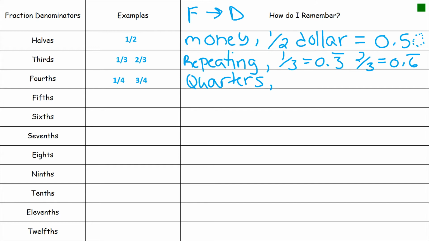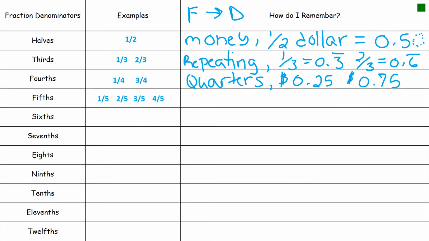So 1/4 is 25 cents, and you would write that as 0.25. Or 3/4 of $1 would be 75 cents. And if you ignore that dollar sign out in front and just look at the decimal portion, that decimal is how you convert the fraction to a decimal. So 1/4 is 0.25 or 25 cents. 3/4 is 0.75 or 75 cents.